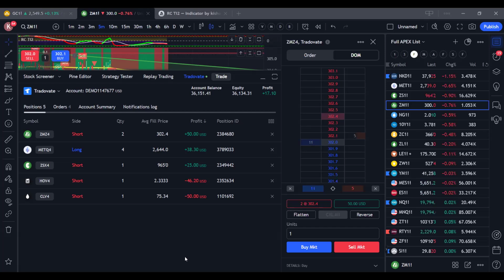So are you playing with your PA account or directly in your normal account? I am playing PA because I am enabling algos also. So I use demo and then I copy them into PA accounts. Okay, so you're still not using your own account, you're using the PA account. Yeah.